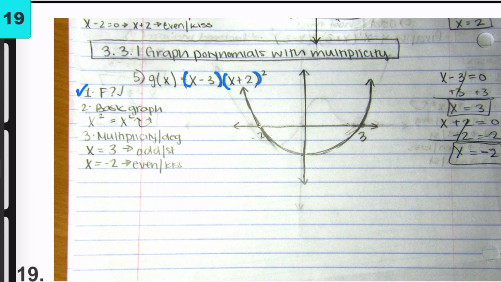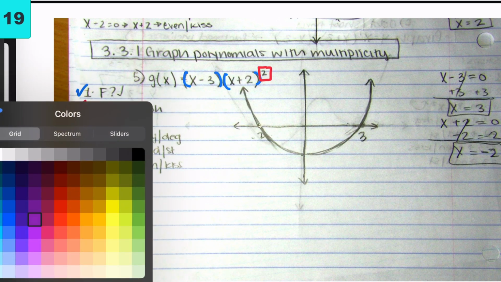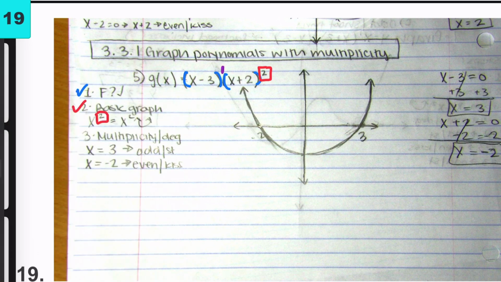Okay, then they were asked to do the basic graph. But the student thinks that it's quadratic because it's the power of 2. Maybe because they only see one number. The class, they are missing what number? 1. They're missing a 1. The basic graph should be 1 plus 2, which is what? 3.